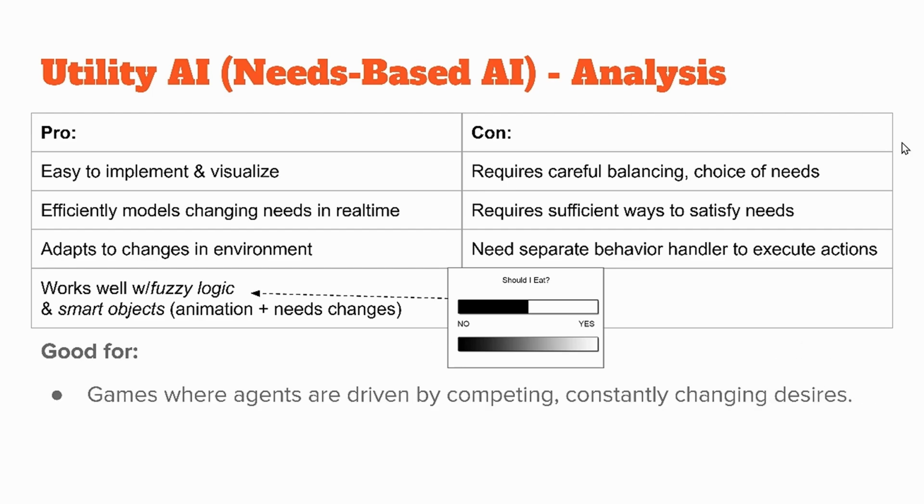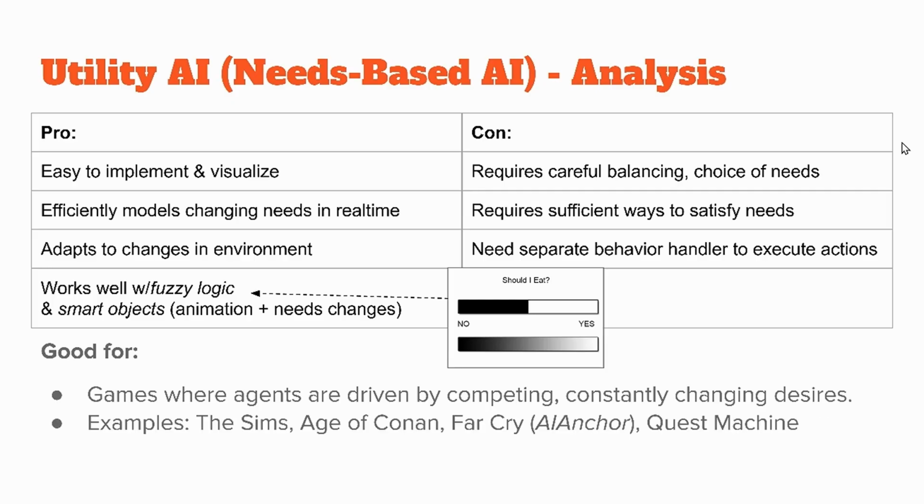So utility AI is good for games that are driven by competing desires, like The Sims. Age of Conan uses it, because it's a survival game, so all of your thirst, tiredness, hunger, health are driven by utility needs. Far Cry, I mentioned before, has the CryEngine, which has something called an AI anchor.